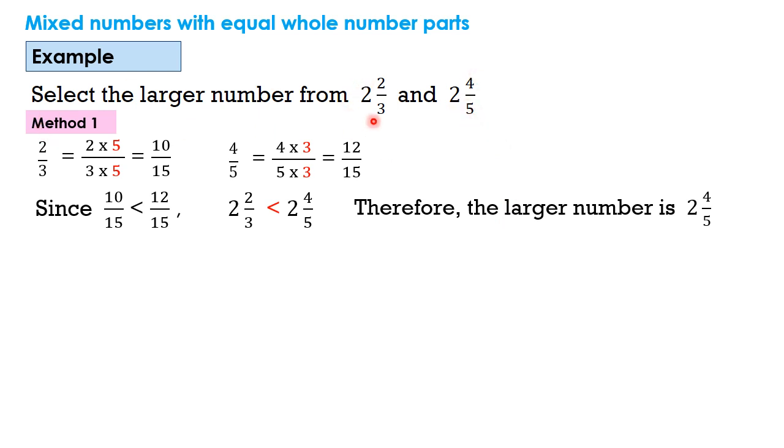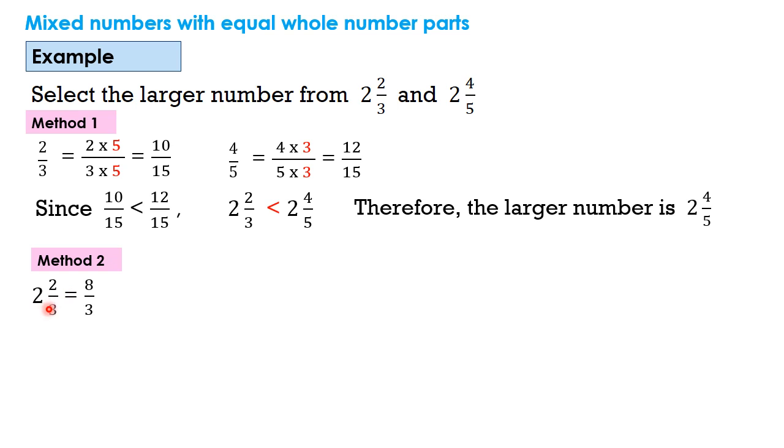So the first method says, by considering the fractional parts and writing equivalent fractions, we decide which of the two is the larger number. We'll go for one more method for the same, 2 and 2/3.